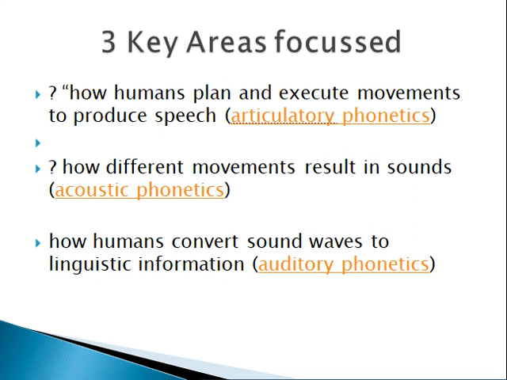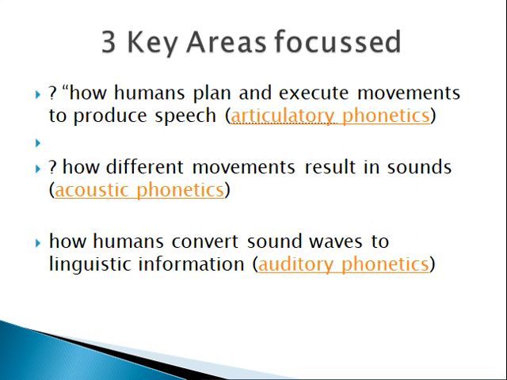One is articulatory phonetics, second one is acoustic phonetics, and the third one is auditory phonetics. What is articulatory? Just like the word means, it is trying to answer the question how humans plan and execute movements to produce speech. When you want to say I, of course, the thought comes from your brain, that thought is passed to your tongue and other organs, and you are making the sound.